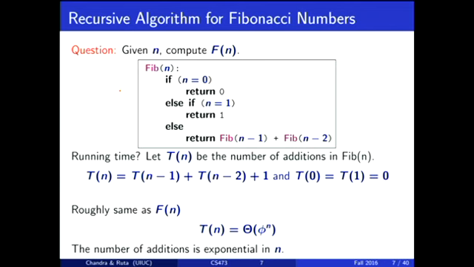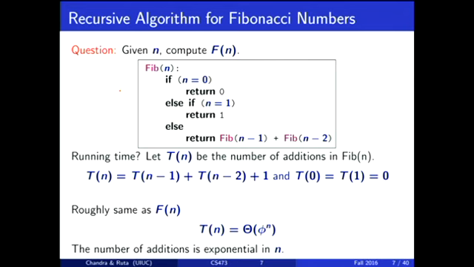So this recursion looks roughly the same as f(n), because we are following the Fibonacci recursion. So T(n) will be roughly f(n). The time that this recursion takes to compute f(n) is roughly f(n) itself. But how big is f(n)?